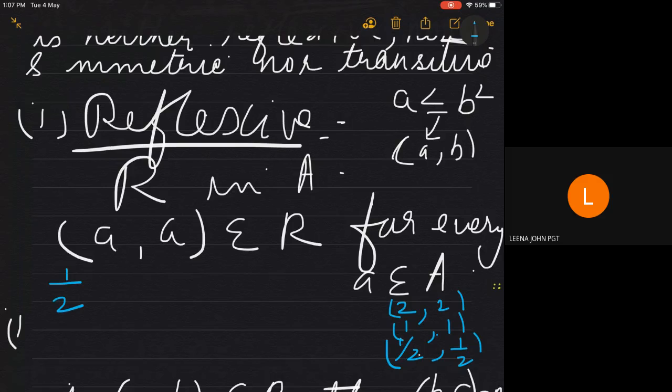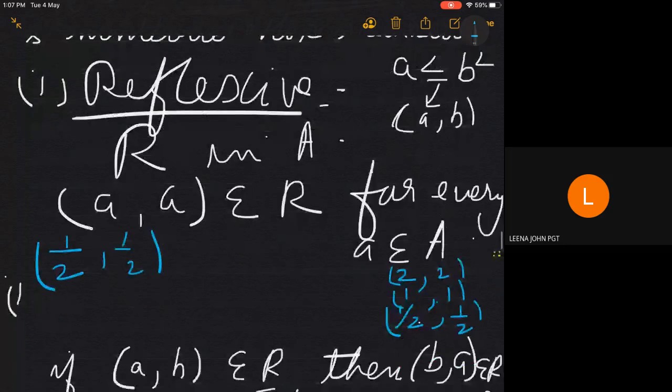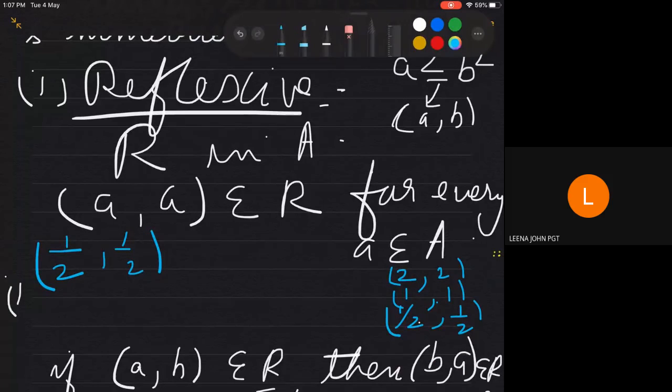For example, (1/2, 1/2). How do we check whether it is there in the relation or not? You have to check with the inequality given in your question.